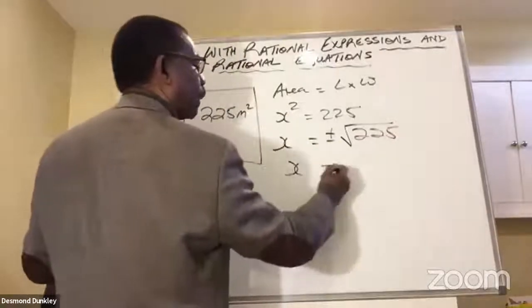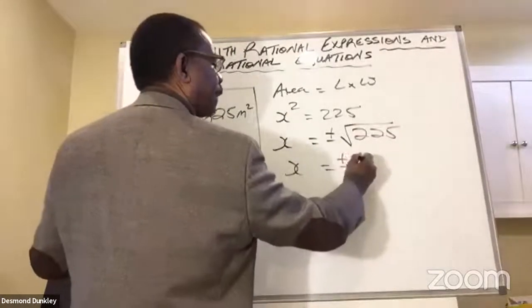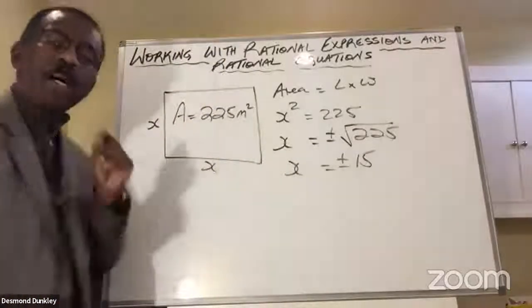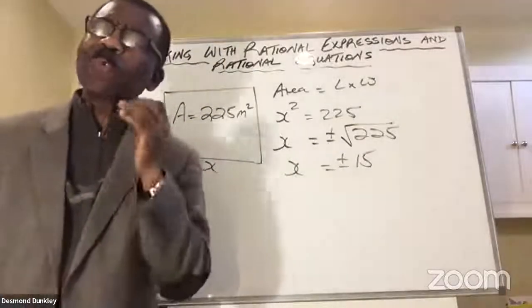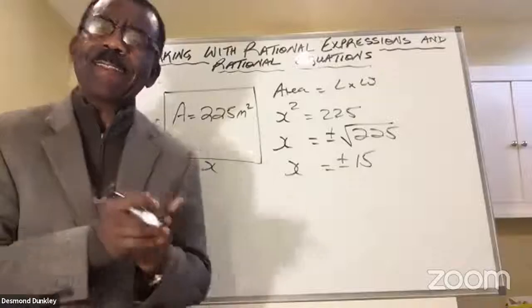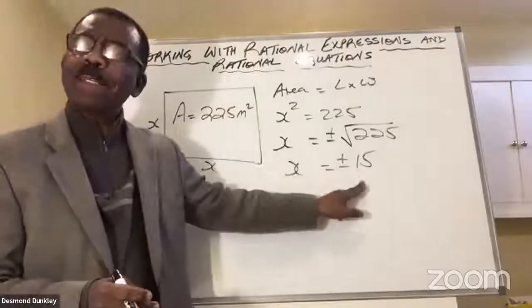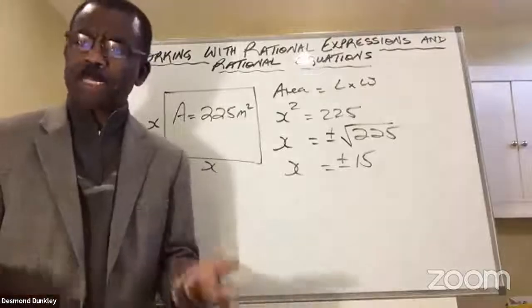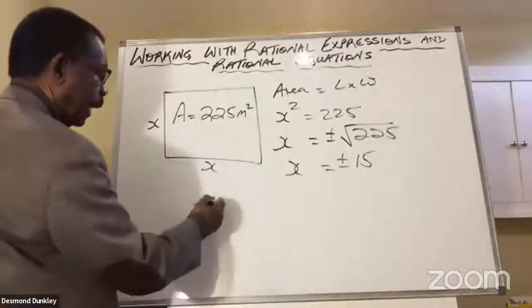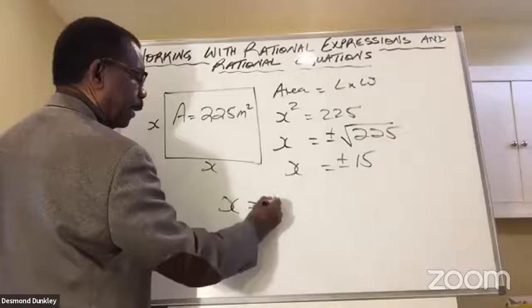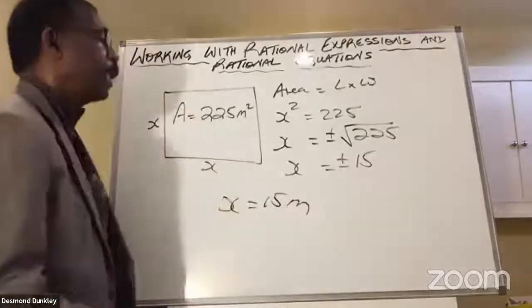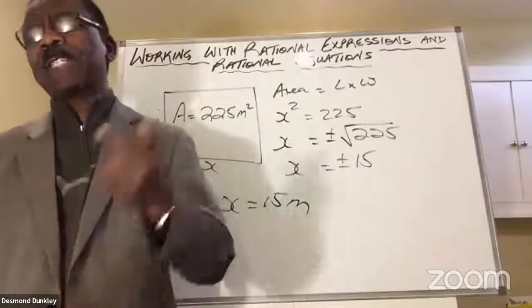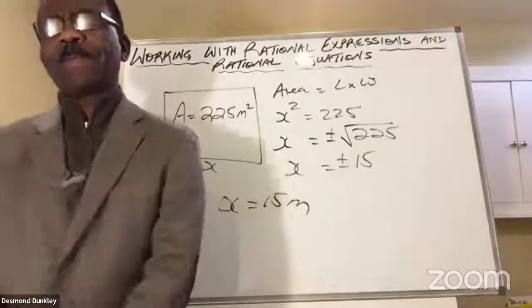So x has to be plus or minus 15. But we know that the room cannot have a length of negative 15. We know that x must be 15 meters. Okay? X is equal to 15 meters. So the negative 15 is called an extraneous solution.